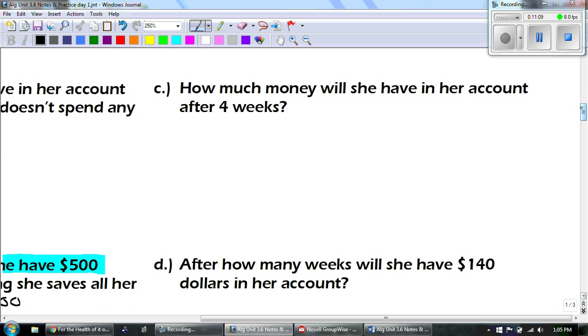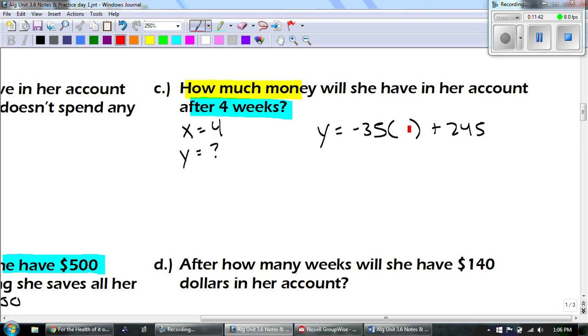Okay. So, C, how much money will she have in her account after 4 weeks? Did they tell us the x or did they tell us the y? Well, how much money? Money is the y, so that means the x is the 4. So when we plug this into our equation, y equals negative 35 times x plus 245, and plug in that 4, this is where we simplify.